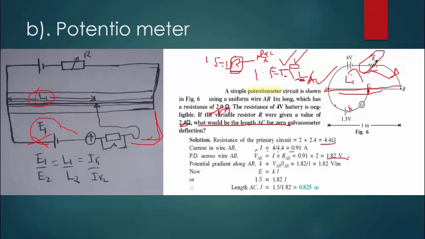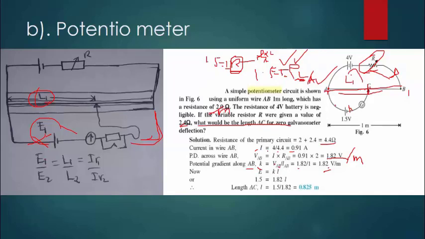Okay, but we know that this 1.82 volts ni per meter. Si ni 1 meter, the length is 1 meter. So the potential gradient along AB is equal to voltage over L AB, kwa 1.82 divided by 1 meter.